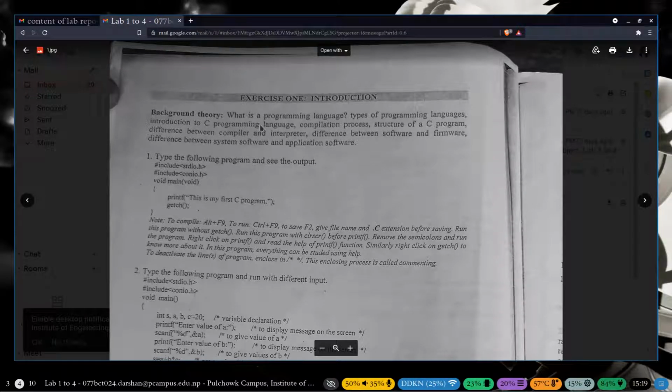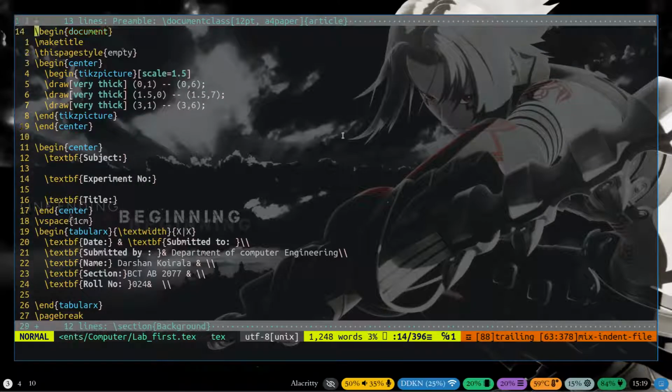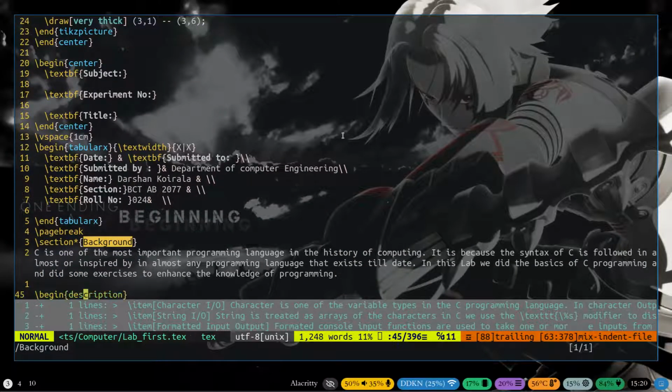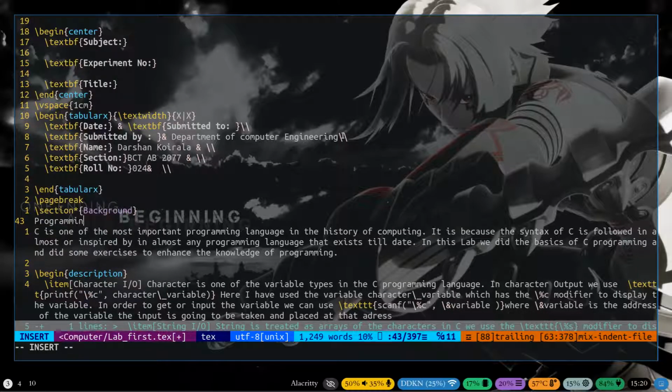In the background theory, there is a little bit of what is a programming language, types of programming languages, introduction to the C programming language, compilation process, structure, everything. I'm going to write that now because that's what I have to do. Background description: programming is an act of giving instructions to the computer.